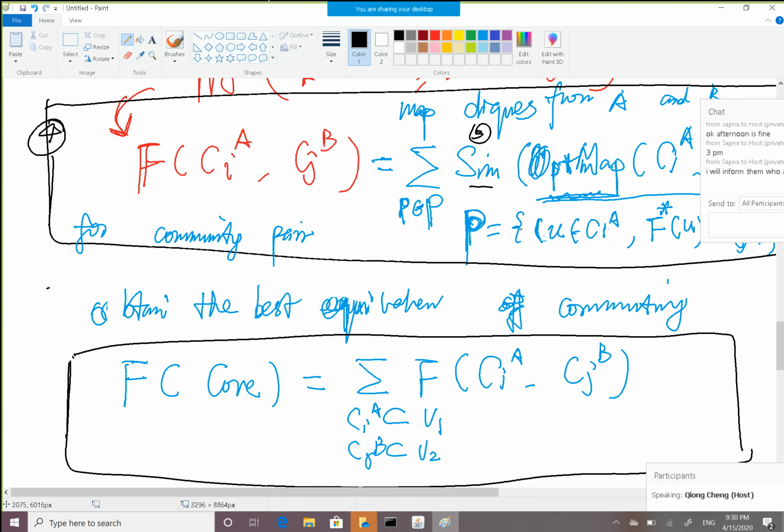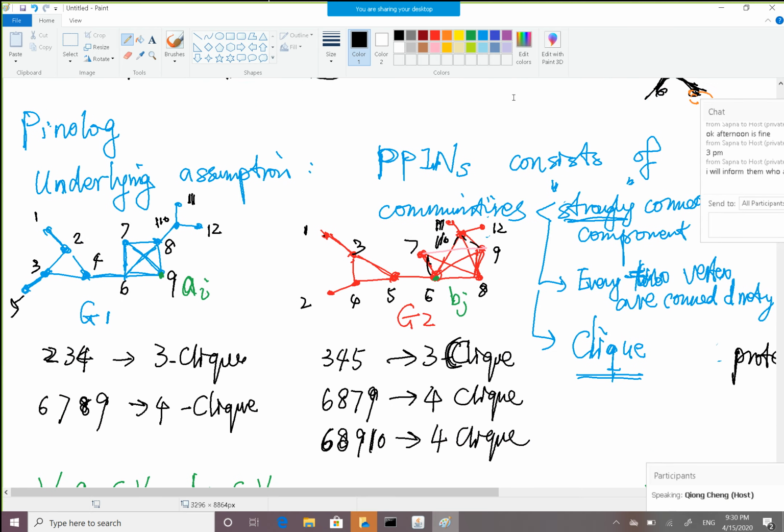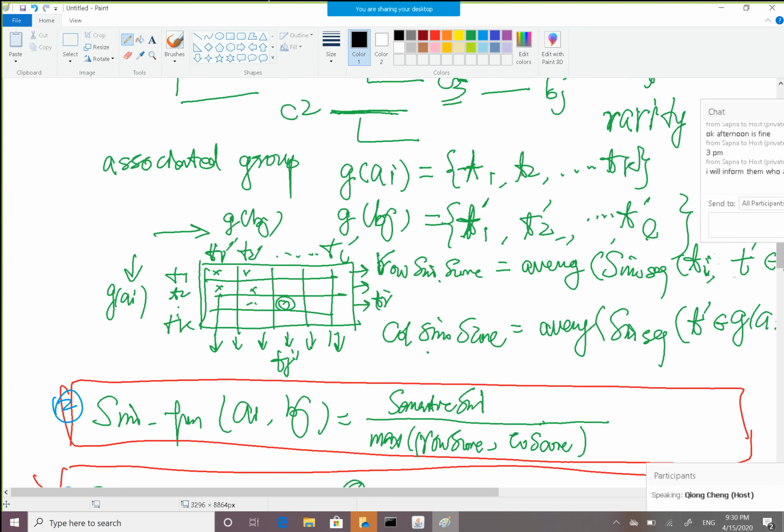So in this case, you have 2 communities in graph 1 and 3 communities in graph 2. If you count the community pairs, you have 6 pairs, right? Each one maps to here, here, and here. And after that, you want to find the best community mapping.